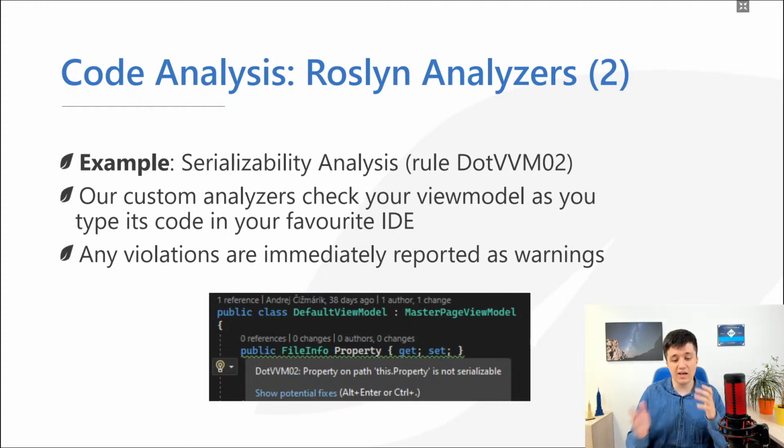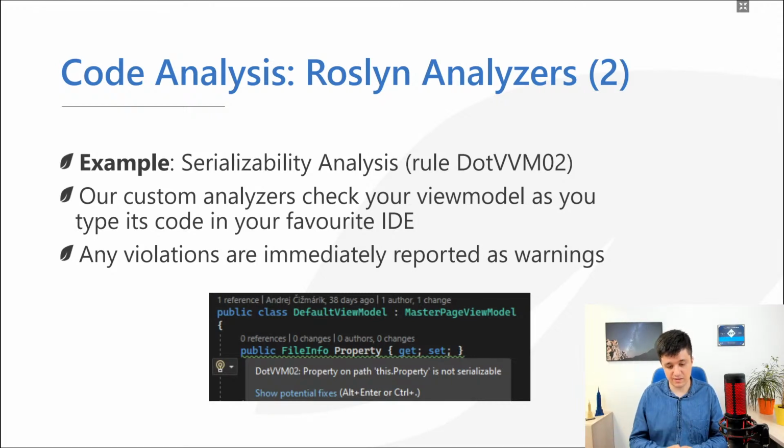And this is really helpful if you think about it, because we are trying to shorten the feedback loop. As you are writing your .vvm view models, you get these warnings immediately and not during runtime, where you discover at a much later time that you actually wrote your application incorrectly and it doesn't really work.